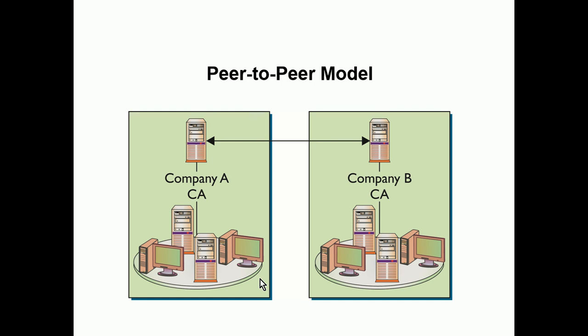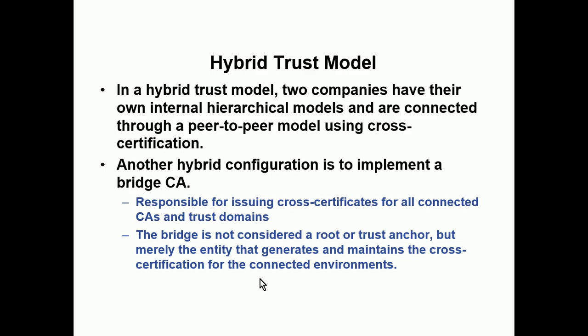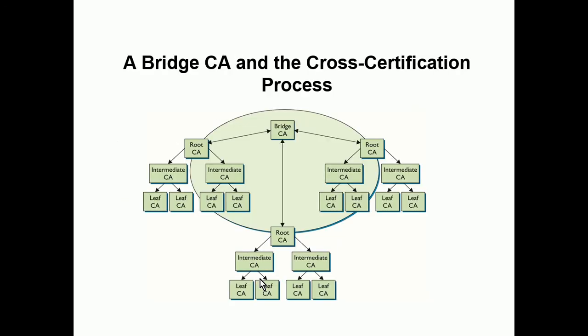So they all trust each other, but then there could be a hierarchical structure below those, and that's what a hybrid trust model is. The hybrid trust model is where we have these trust anchors at the top that trust each other, with a very well-established way of trusting each other, and below them a hierarchical structure.